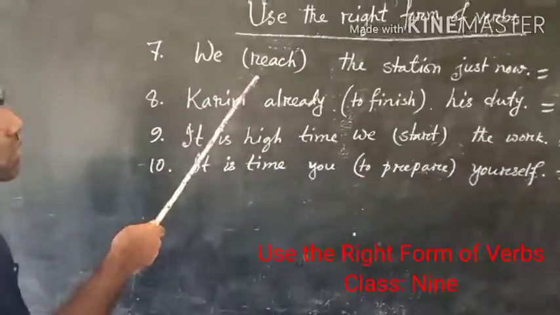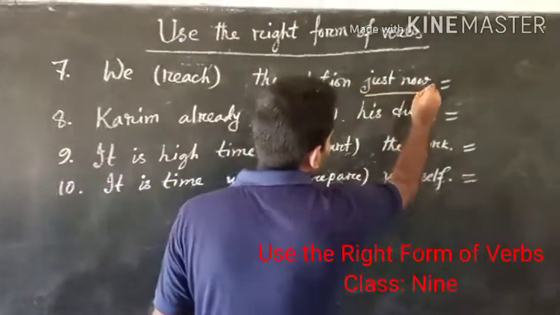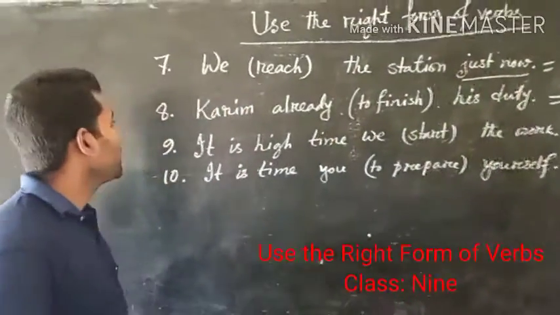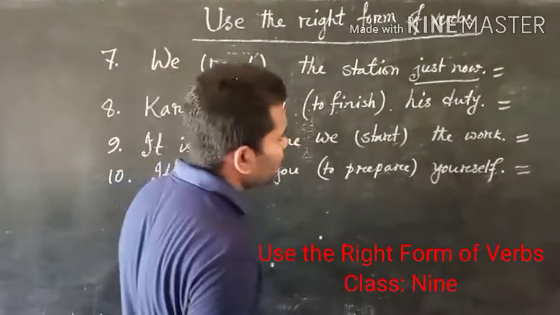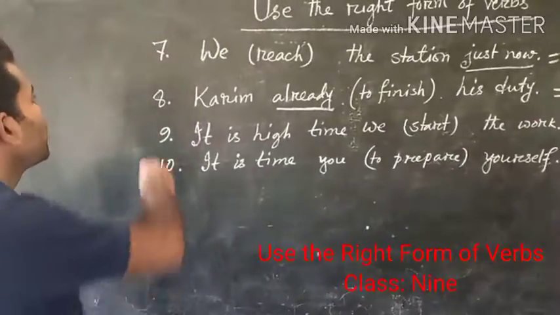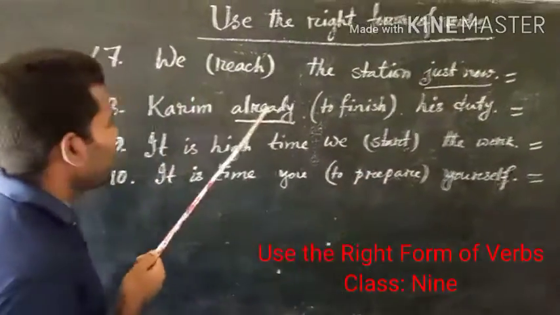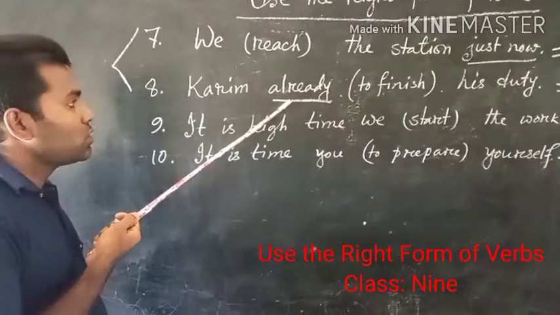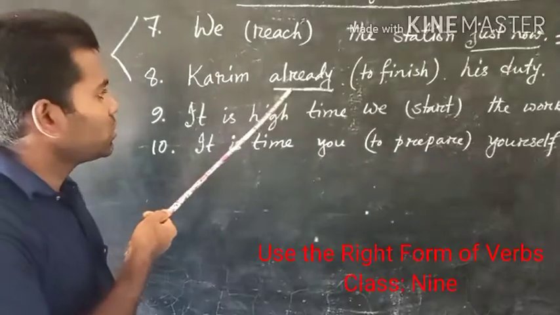Number 7. We reach the station just now. Here, just now. In number 8, Karim already to finish his duty. There are two words in these two sentences, just now and already. These two words indicate present perfect tense.